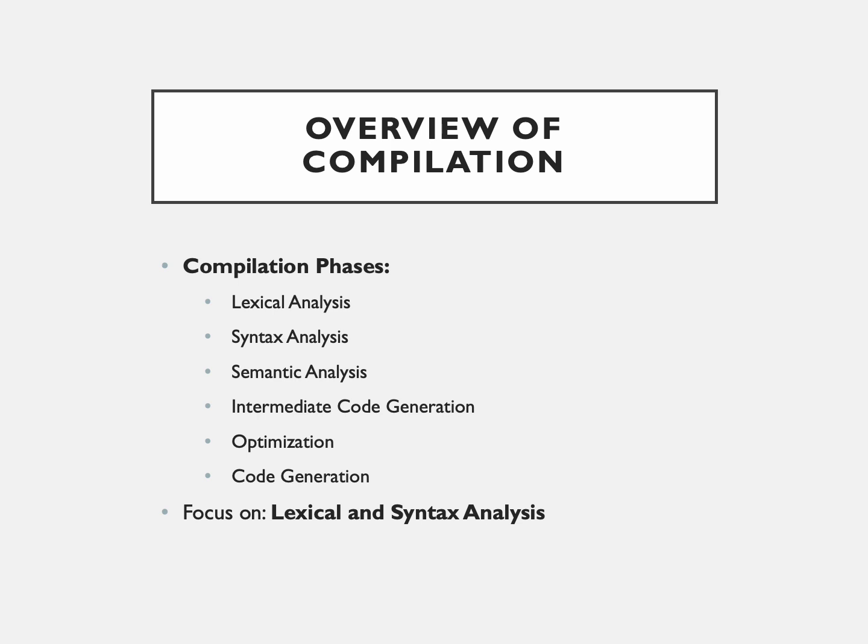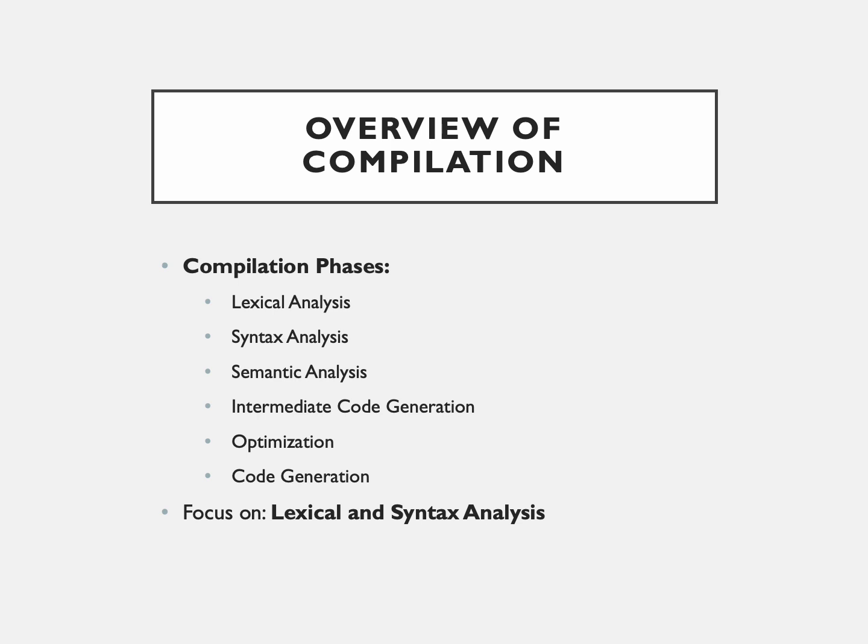Then we have intermediate code generation. An intermediate representation of the code is created, which is easier for the compiler to optimize and translate into machine code. Then the intermediate code is optimized to improve performance and reduce resource usage.